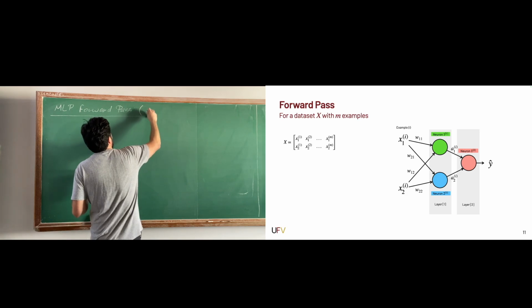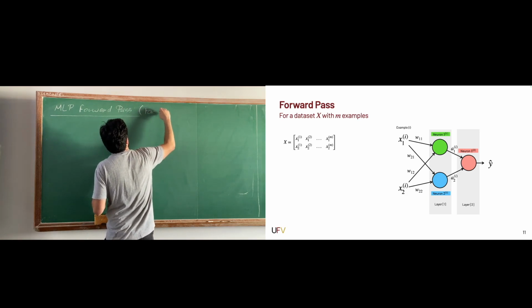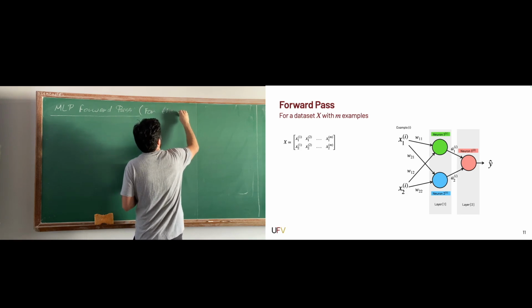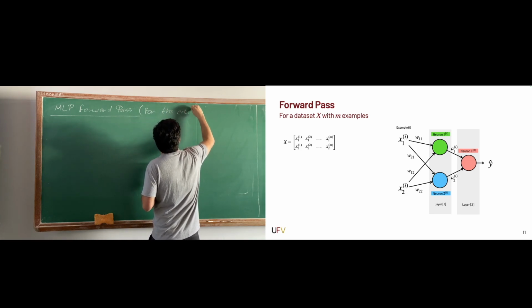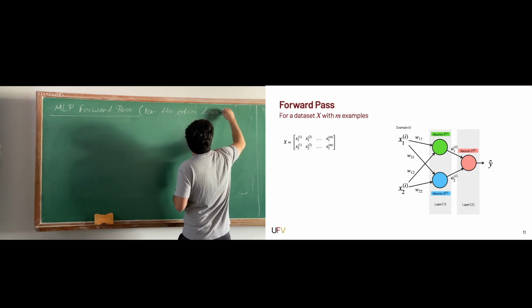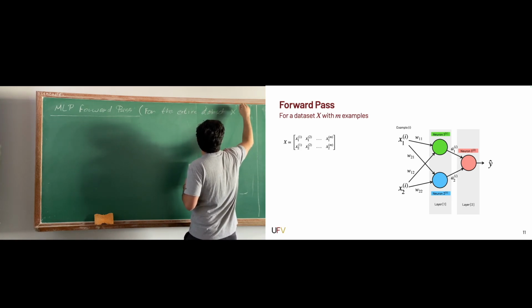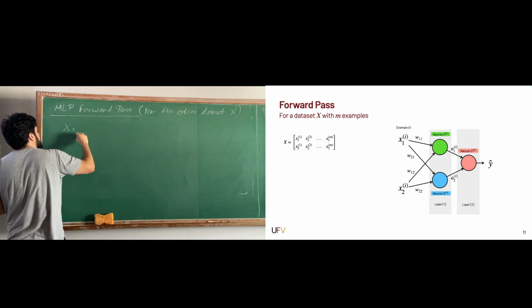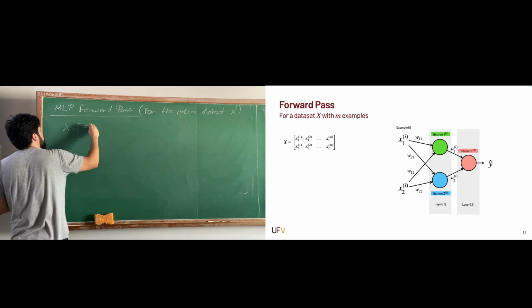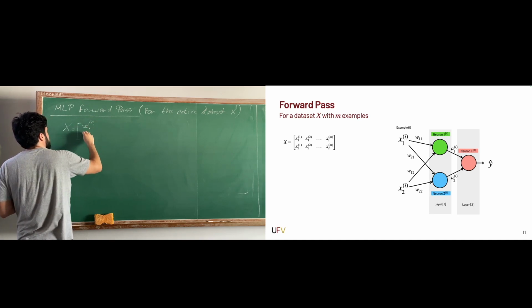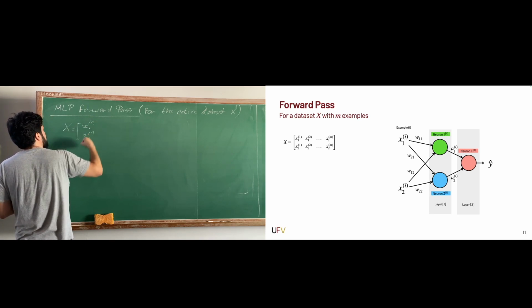Now we're going to do this for the entire data set. I'm calling it X, but we could call it D as well. And again, X now has this structure: X1 is the first feature of the first example.